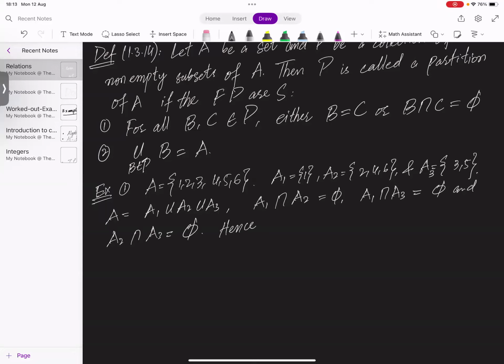Hence this P, which contains A1, A2, A3, is a partition of A.